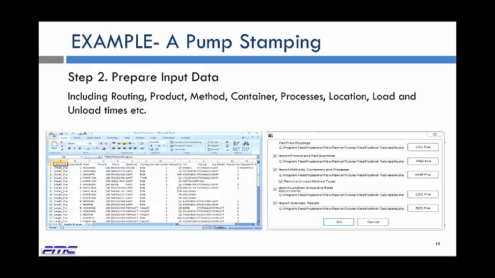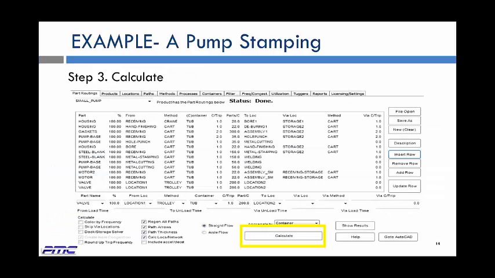Once you have all these, you have the flow planner read all this information. Then the flow planner does the calculation, looking at how many parts are going between which station or which area, between which manufacturing locations.